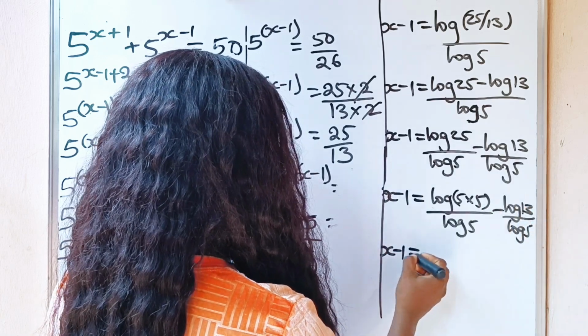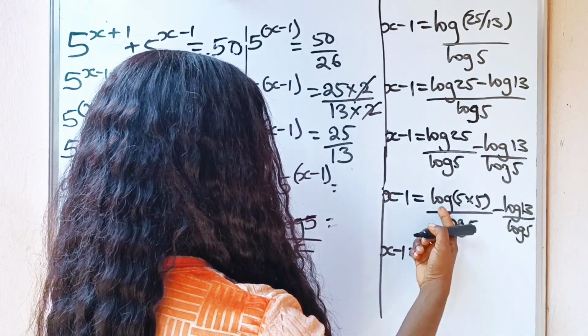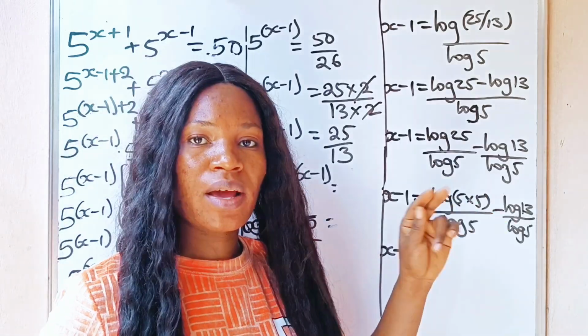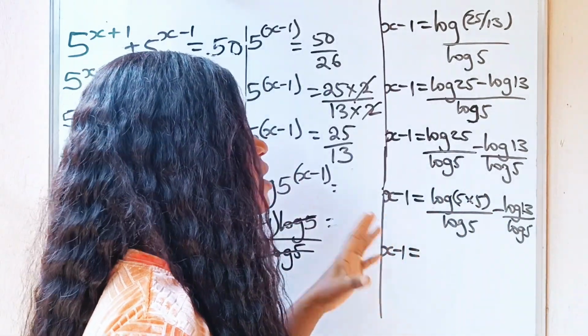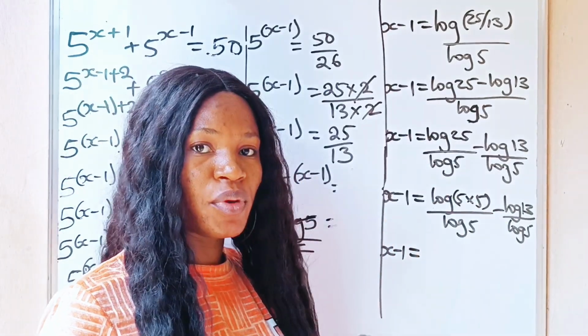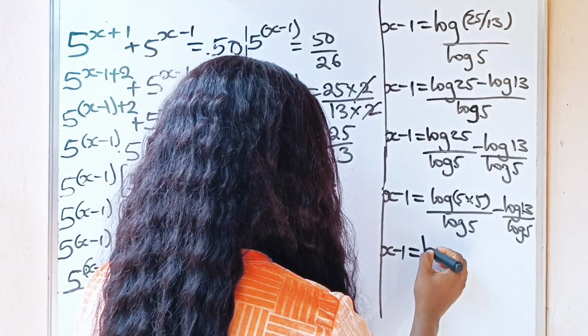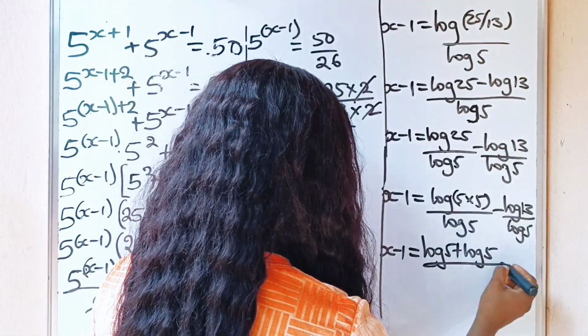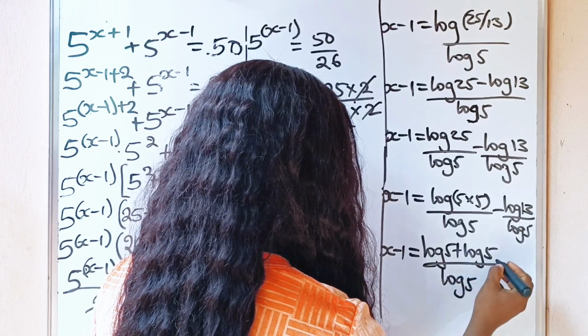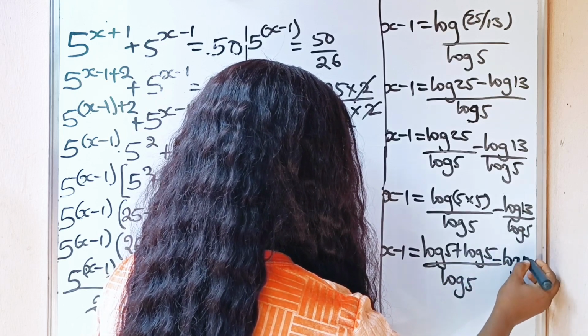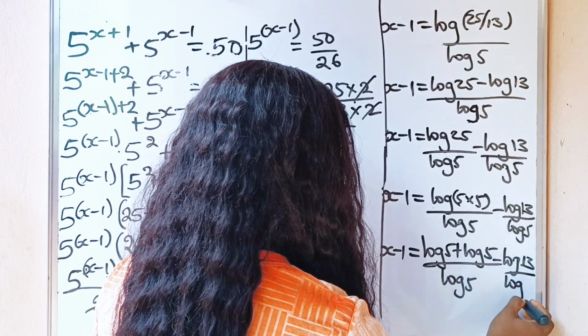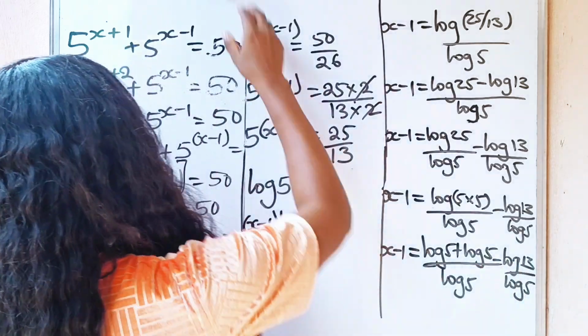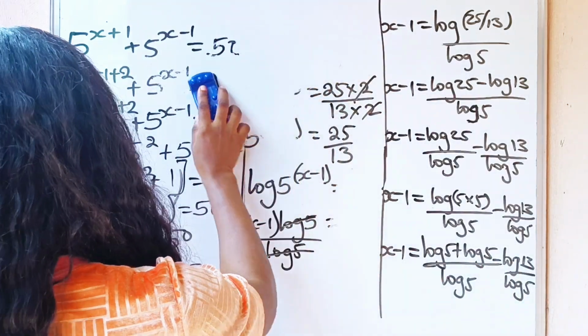Now, when you have log a multiplied by b, it is the same thing as log a plus log b, right? So we can write this as log 5 plus log 5, divided by log 5, minus log 13 divided by log 5. All right, let me continue from here.